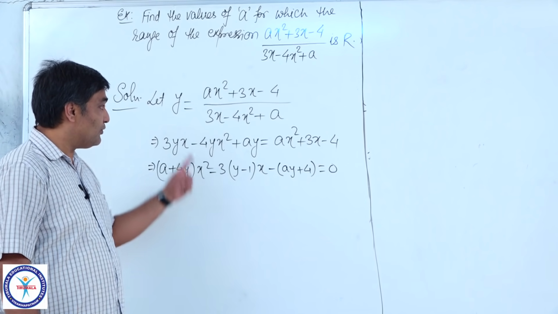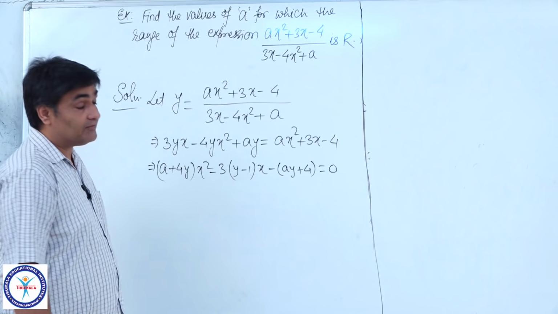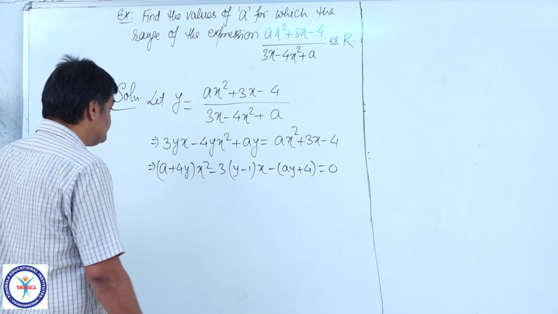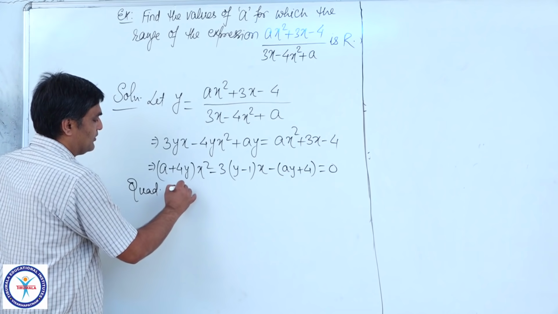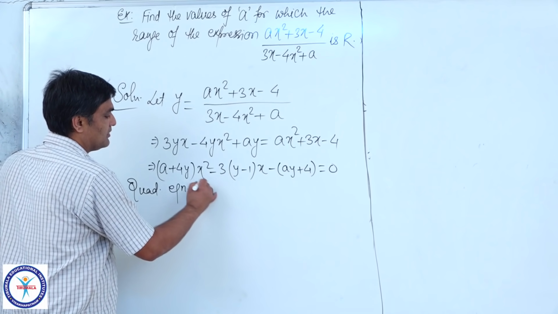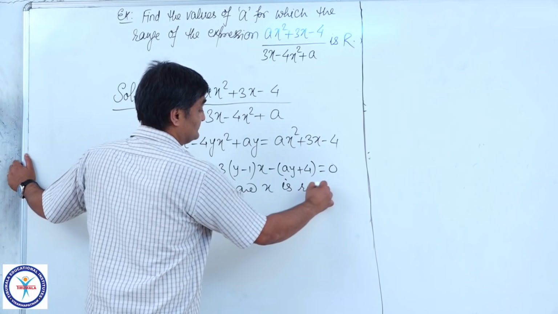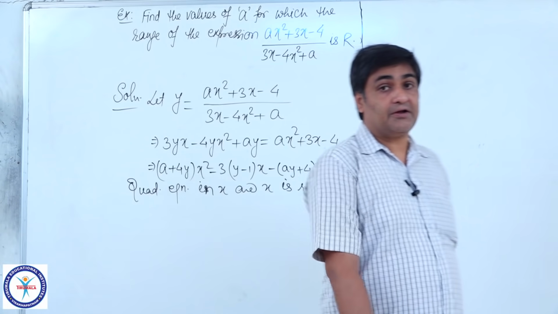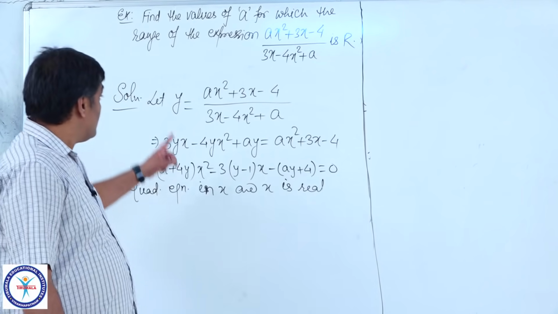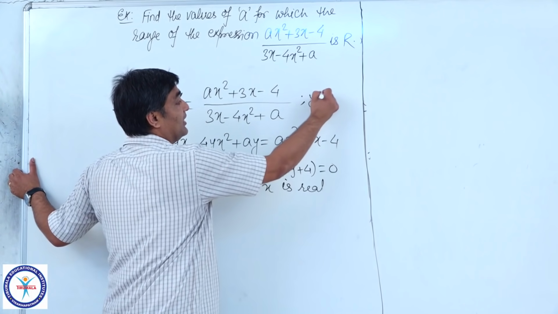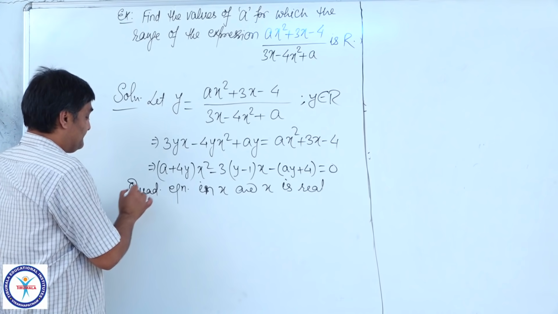Here, y should be R. Y can take any real value. Okay. This is a quadratic equation in x, and x is real. If x is real in a quadratic equation, discriminant is greater than or equal to 0.